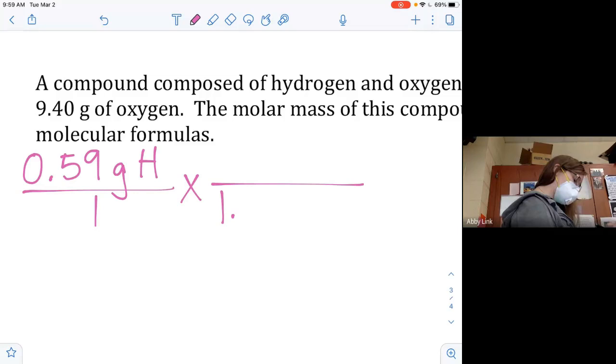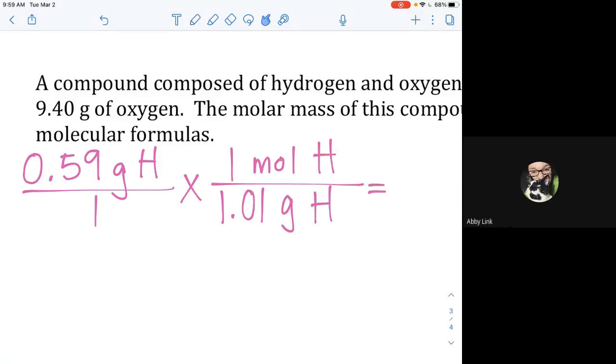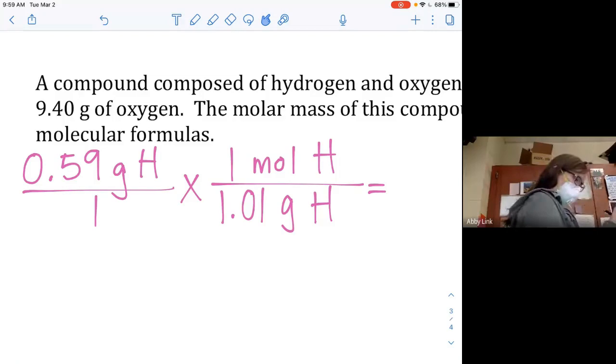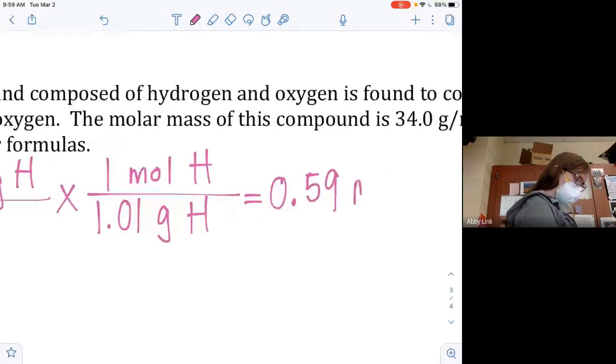It's going to come out to be 1.01 grams of hydrogen, and we're going to have 1 mole of hydrogen on the top because I'm converting to moles. I'm looking for 2 significant figures in my answer here, and my answer comes out to be 0.59 moles of hydrogen.